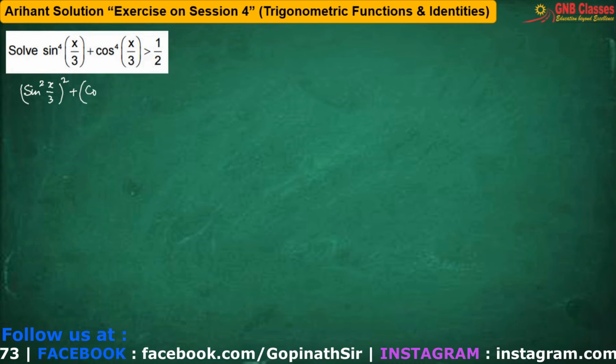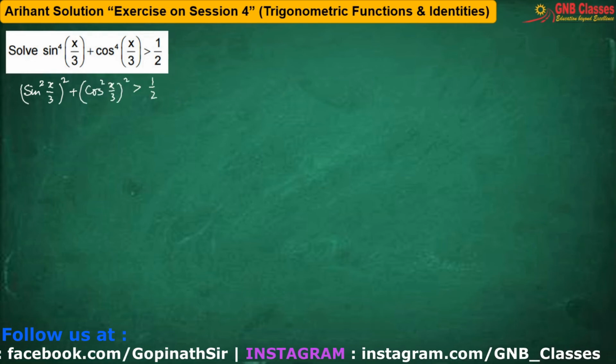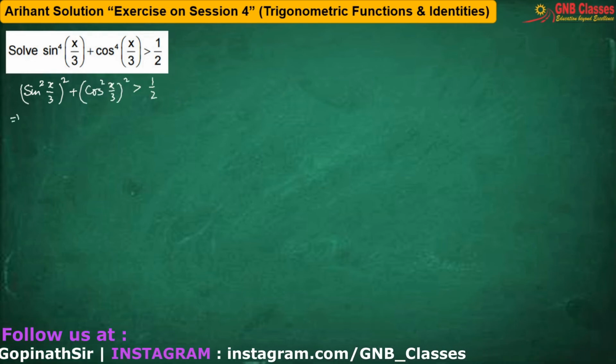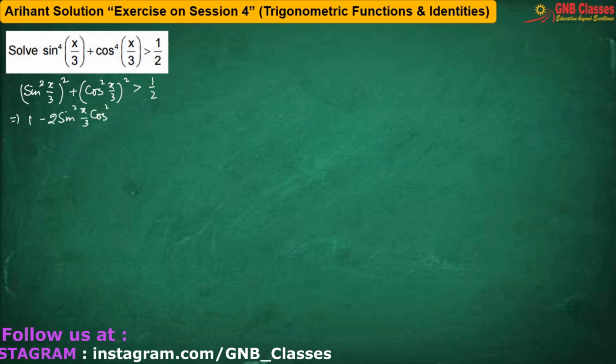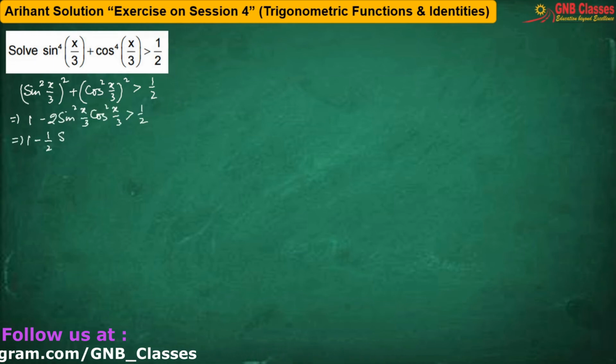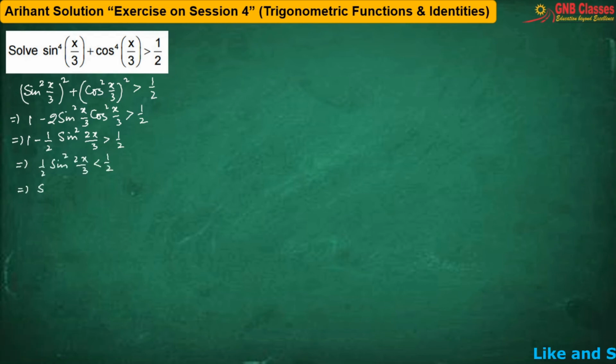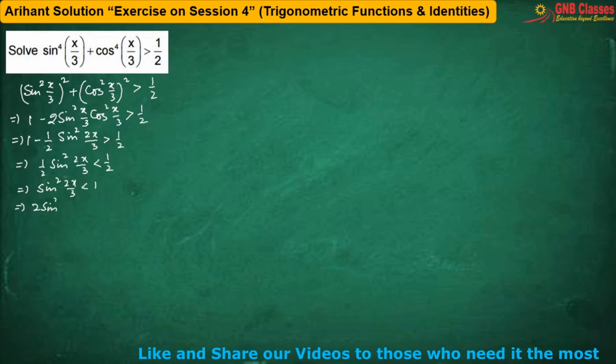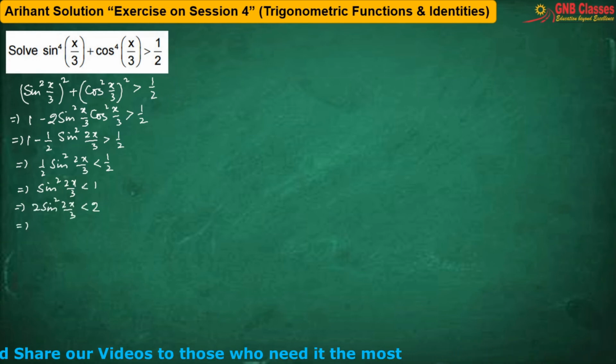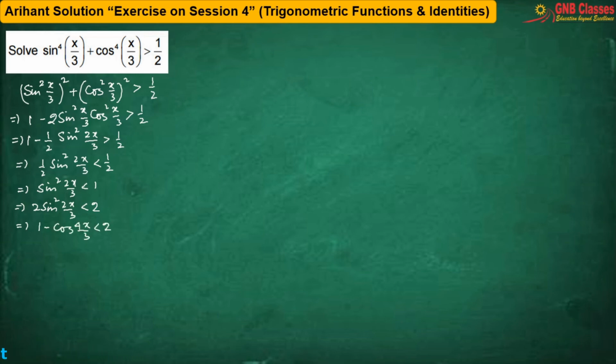Similarly, now applying a square plus b square formula, we are getting, multiplying 2 on both sides, we get 2 sine square theta can be written as 1 minus cos 2 theta. Is it clear?